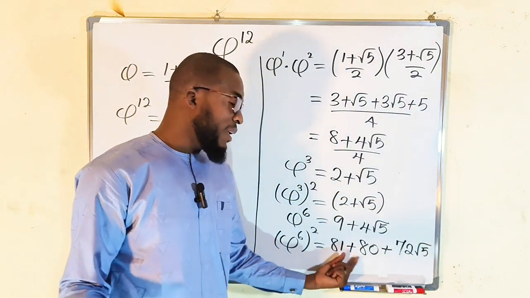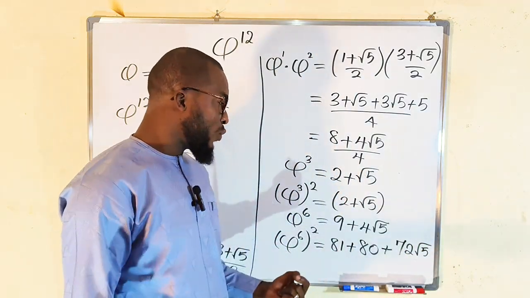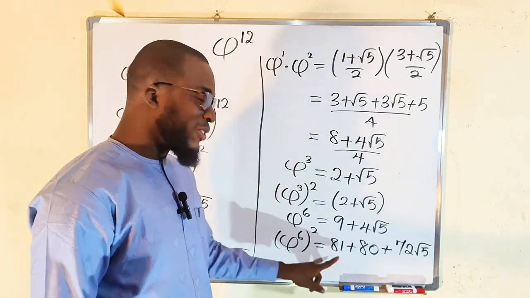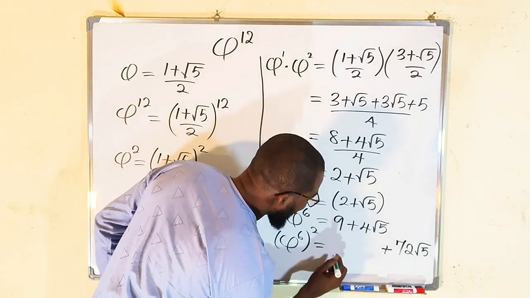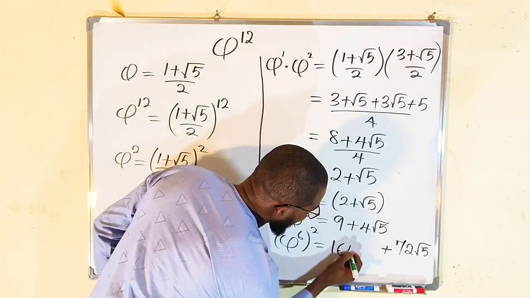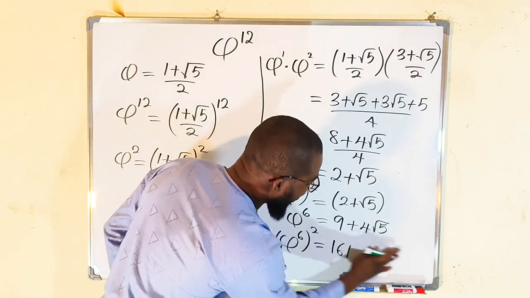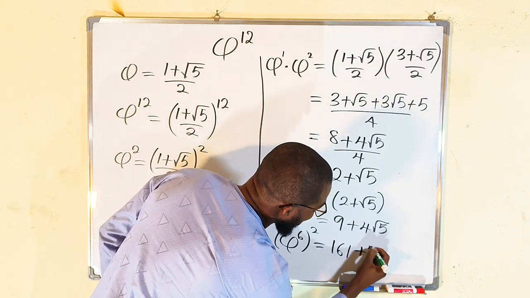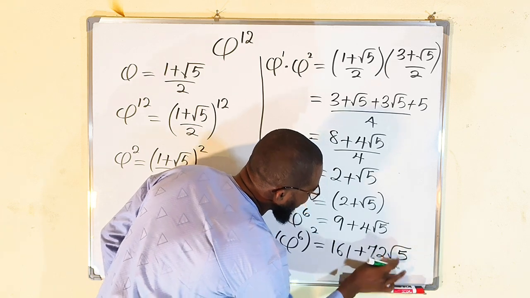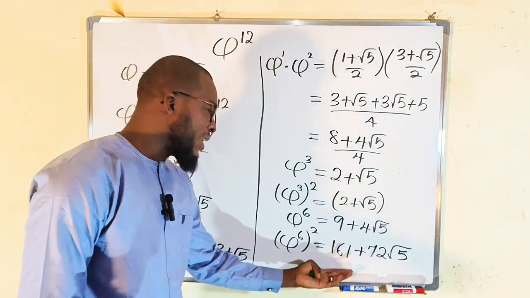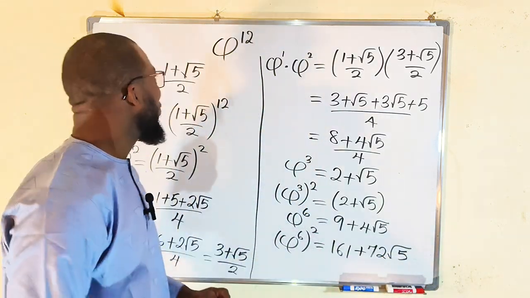But I know that 80 plus 81 will give us 161. Should I just write 161 here? Okay, let me do that. 161 plus 72 root 5, and hence this is exactly the golden ratio to the power of 12.